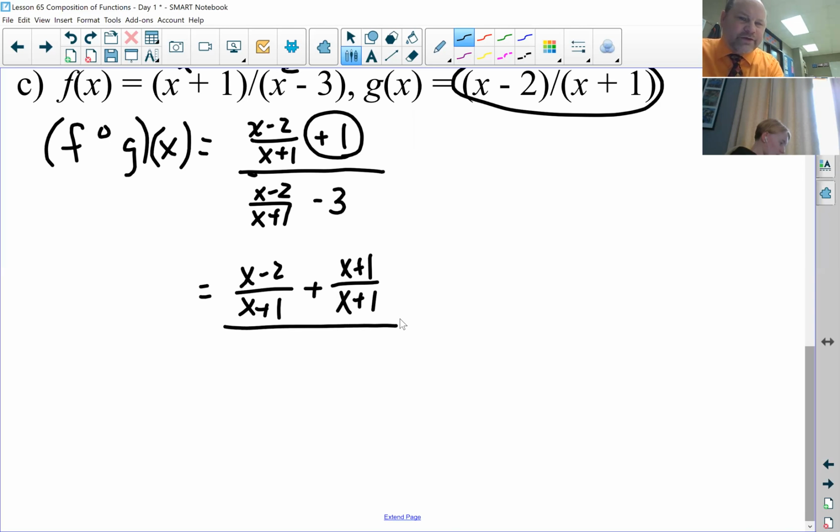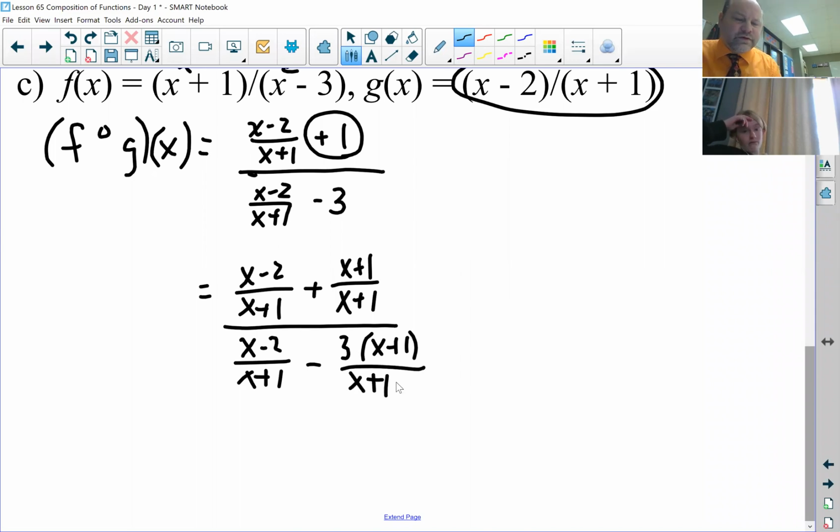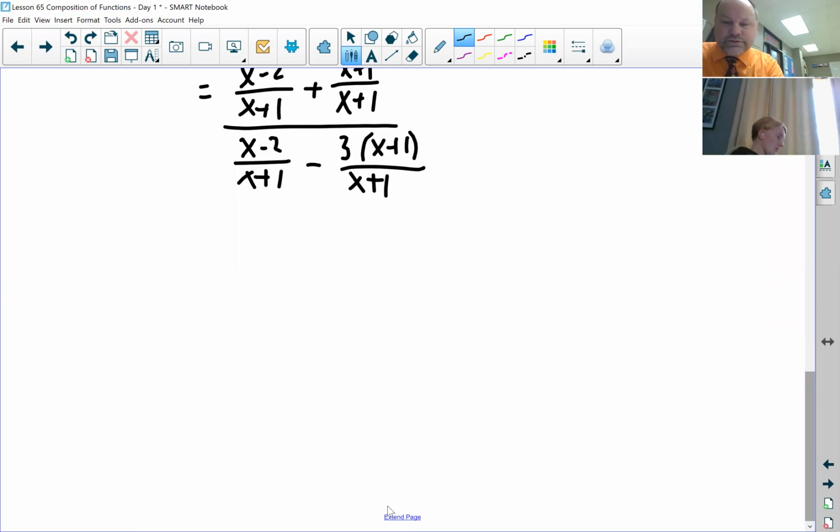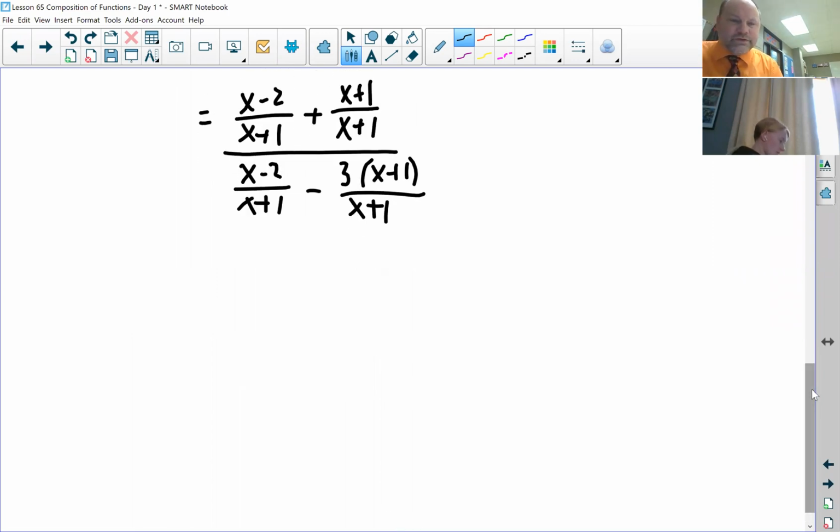In the denominator, x minus 2 over x plus 1. So we get that.